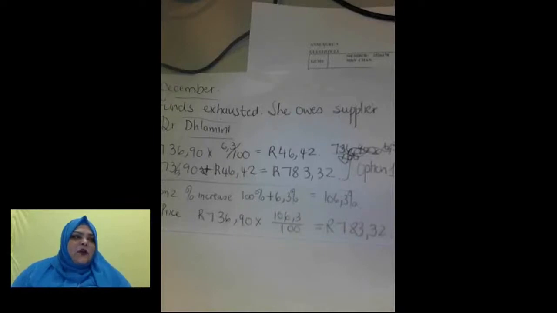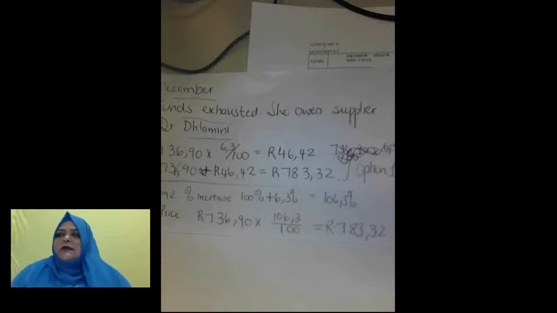Here, when you calculate using this formula of 106.3 over 100 times 736 Rand 90 cents, you immediately get to the answer. That is a bonus there, and there's your full 3 marks.